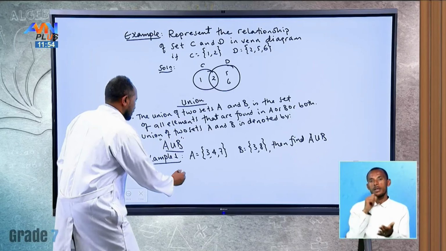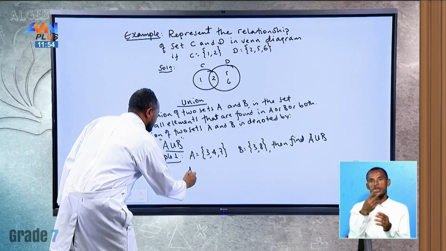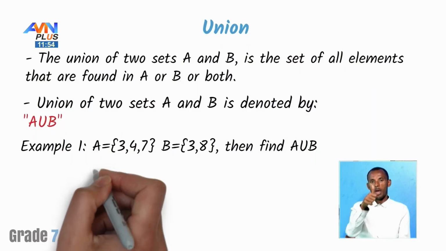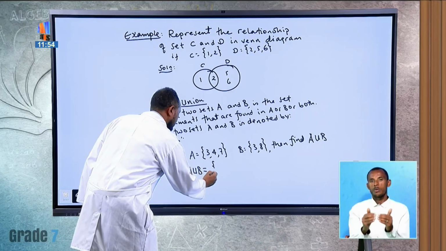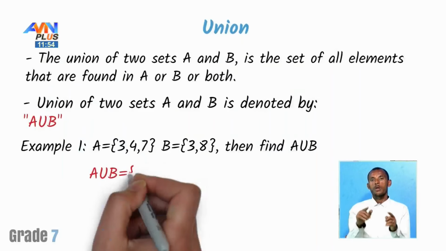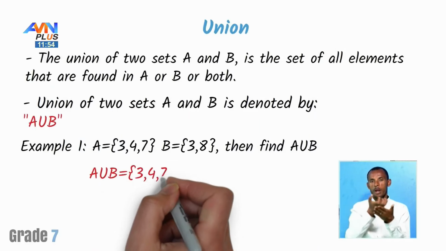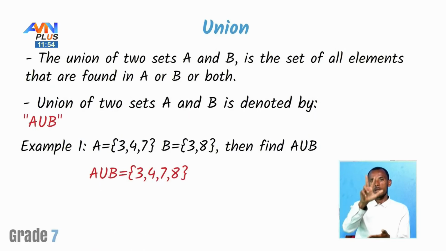So, let's take the answer. A union B equals, when you mix these two, the elements in A are 3, 4, 7, and then you add the elements of B. Since you already wrote 3 here, no need to write it again, so take 8. Therefore, this is the union of these two sets.